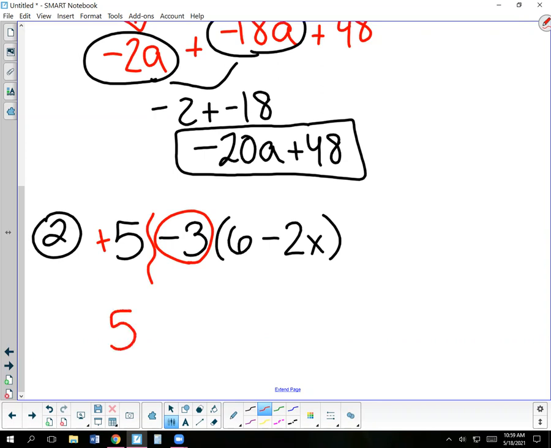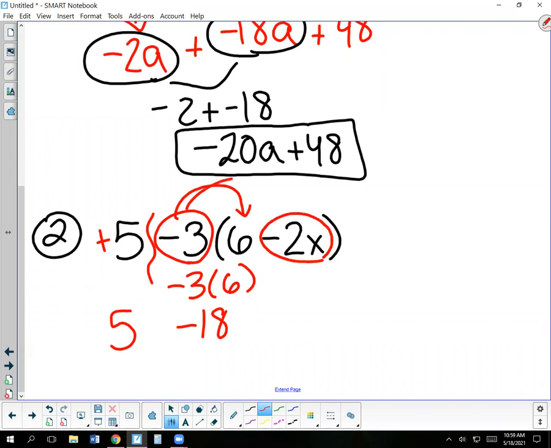So we have 5, which is a positive 5. Okay, so leave it alone. I'm not looking at that until I'm done with this. So this is a negative 3 times a positive 6. We just had that one. Okay, now again, pay attention to the sign in front. They're the same. So a negative 3 times a negative 2x. Negative times a negative is a positive 6x.